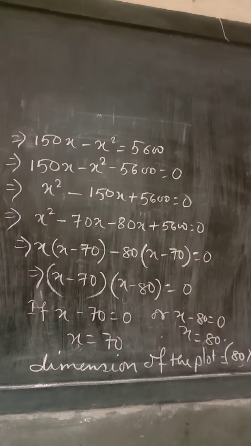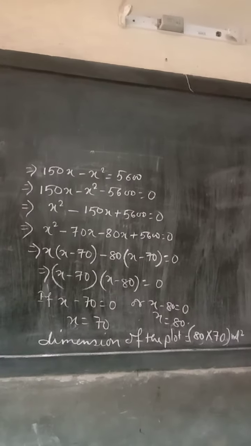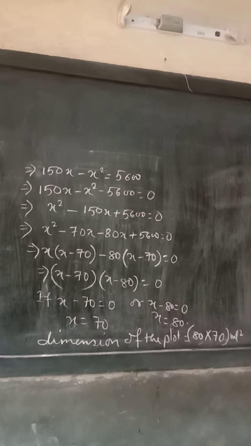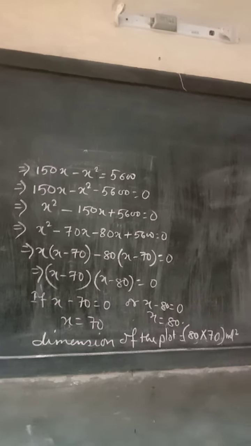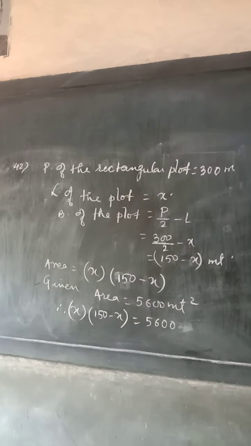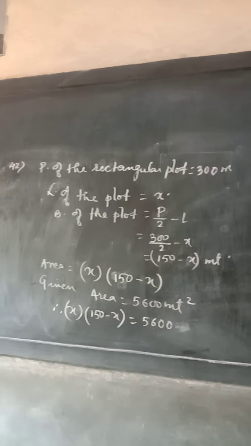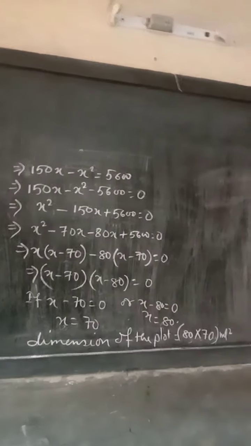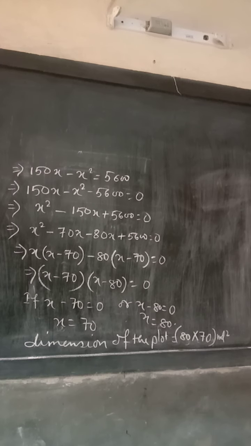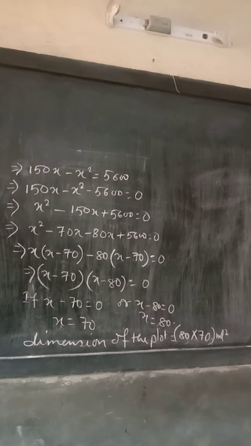This will be the dimension, because the length and breadth can be written vice versa. You can see at the beginning of the question we have taken the length as x, so found the breadth in terms of x, and here it is completed. This is question number 42.